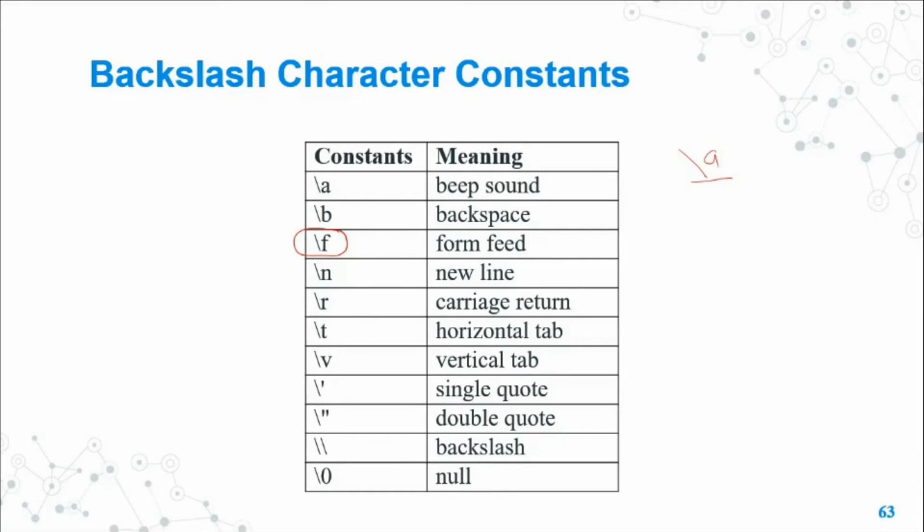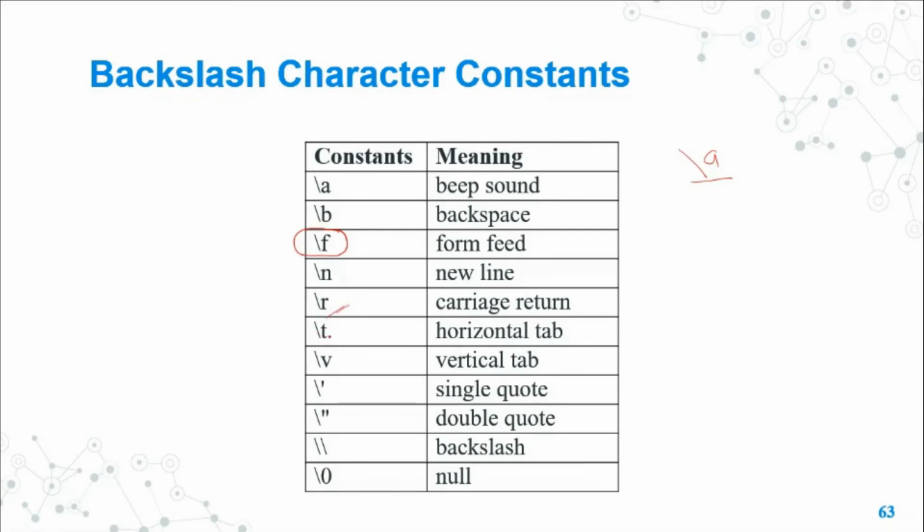So in order to bring the carriage to the front of that particular line, this slash r is used. In C programming, the effect of slash r is that it will delete all the characters that are already displayed within that particular line, and the new characters will be printed. So let's see how this slash r, that is carriage return, will work.